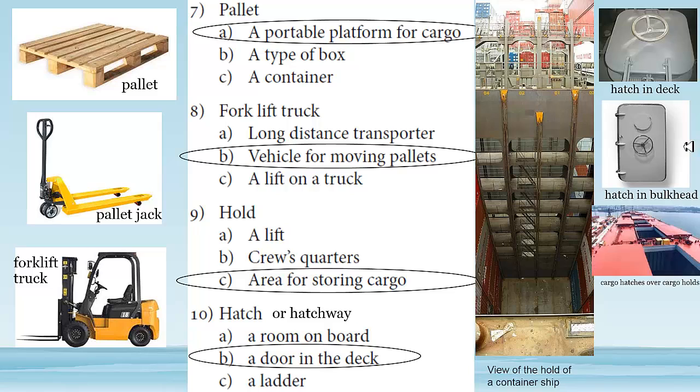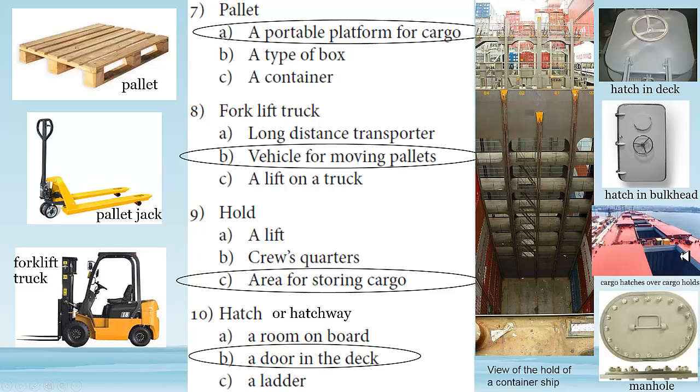As well, you have cargo hatches over cargo holds, and here we have a nice picture of a bulker again, and you can see the sliding cargo hatches going over the cargo holds. And don't confuse a hatch with a manhole. You can see manholes have got bolts and nuts screwing them down.